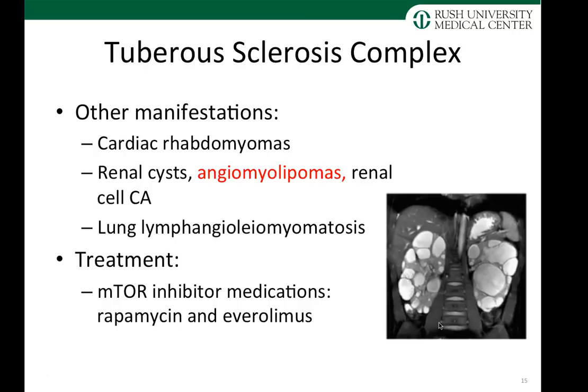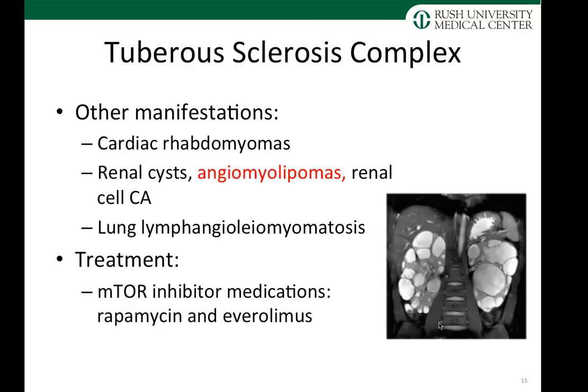So this picture on the right is actually a patient's kidneys, if you can believe it, and these are just prominent multiple renal cysts in that location. There are also abnormalities found in the lungs, and no, you probably don't need to know that particular word for your Step exam. And of this page, probably the angiomyolipomas are going to be the highest yield to remember for the kidneys.